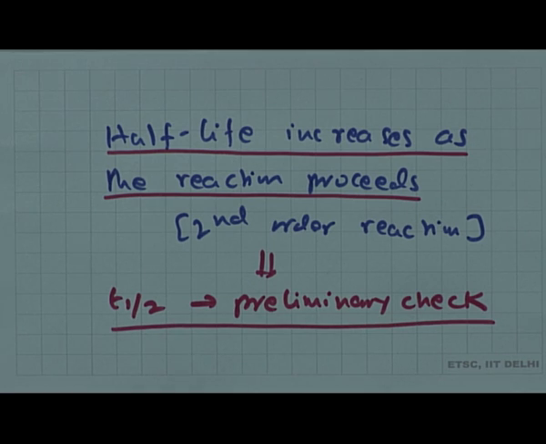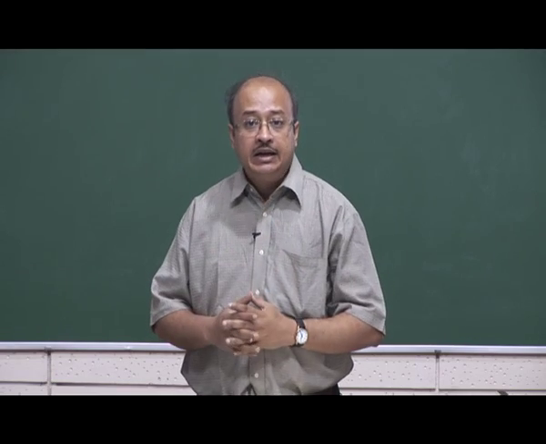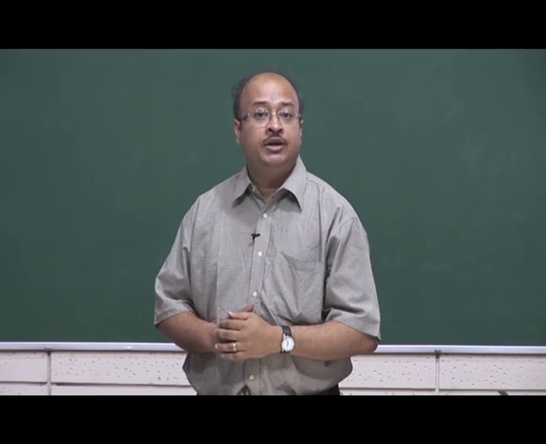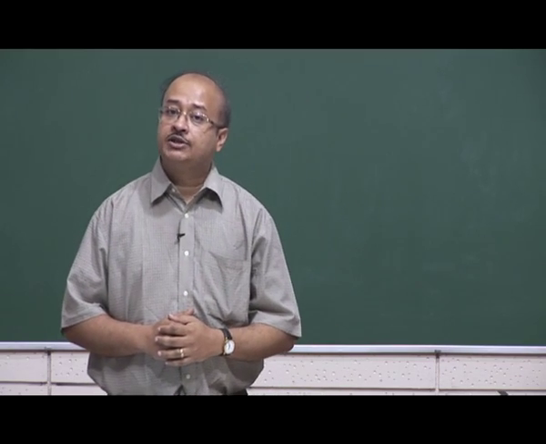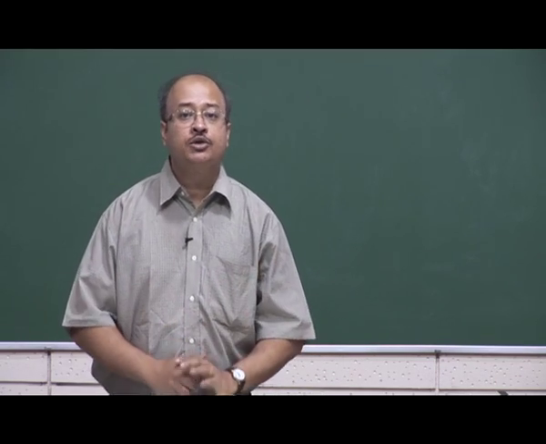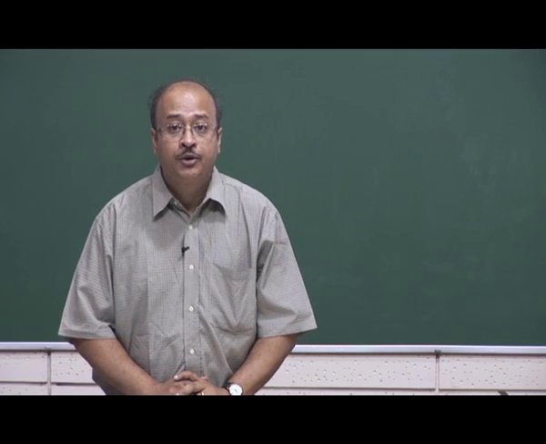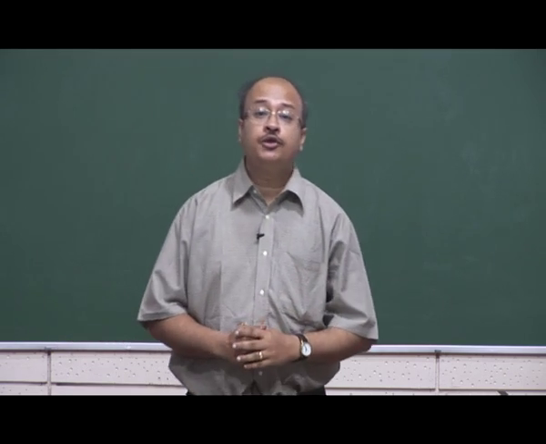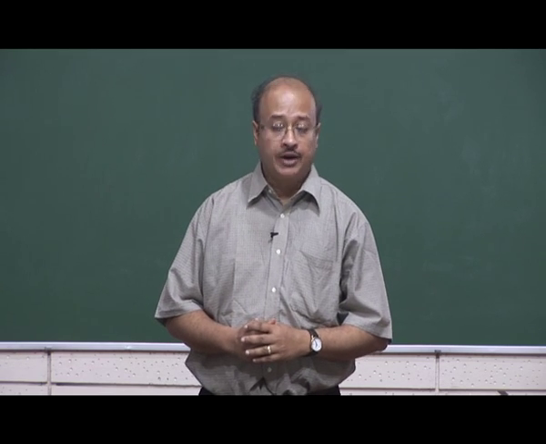Hopefully now you understand that T half indeed can be used as a preliminary check for the type of reaction you want to study or investigate. This is the importance of T half or the half life.